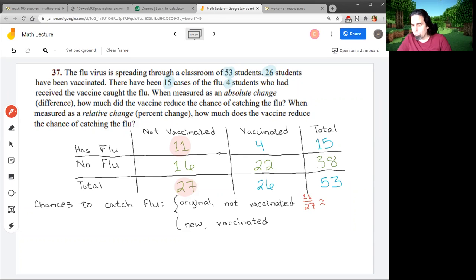So about 41%. What's the chance to catch the flu if you are vaccinated? 4 people had that happen out of the 26 that were vaccinated.